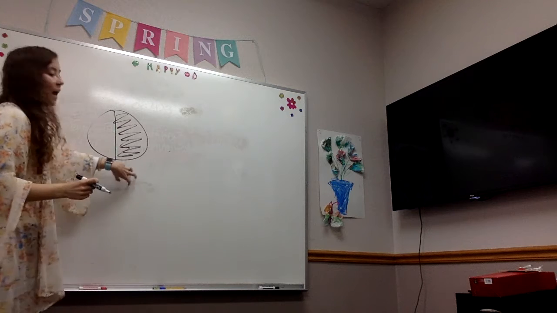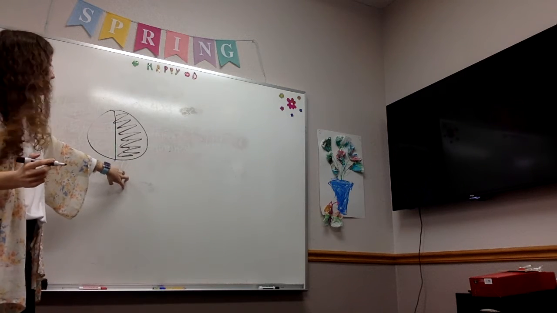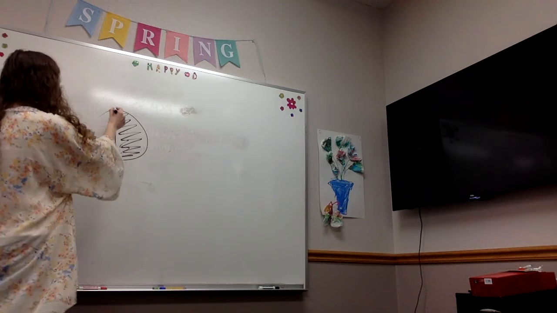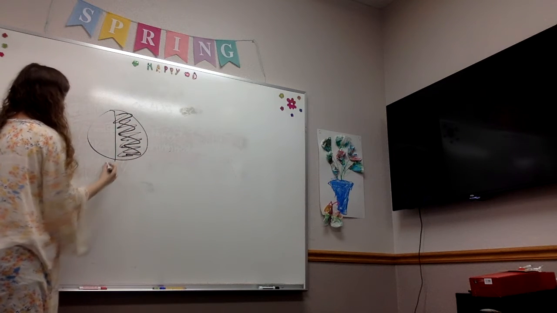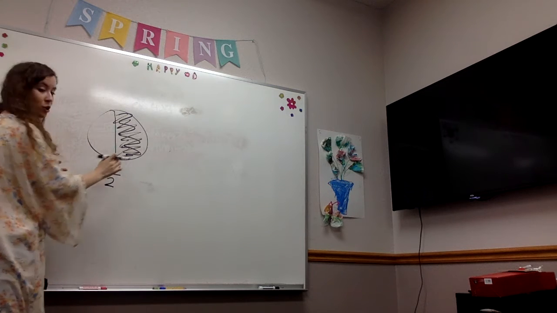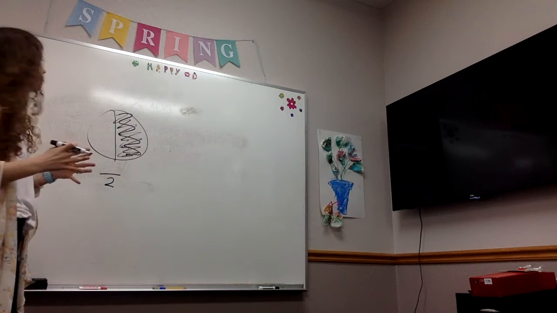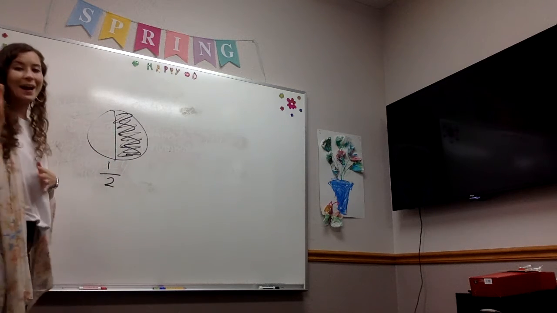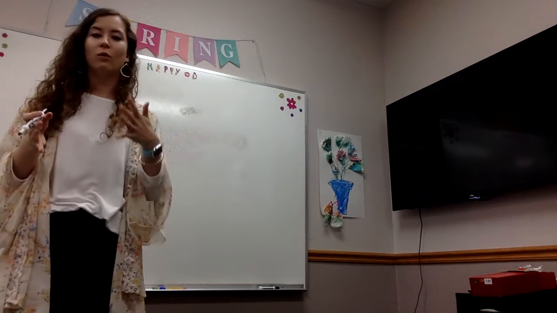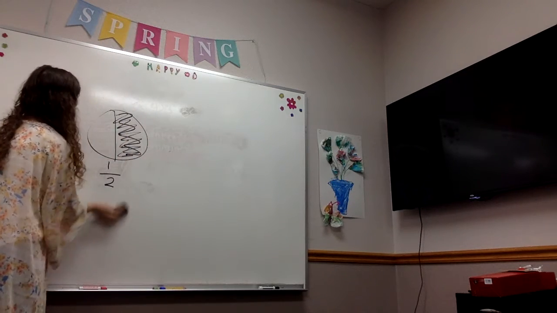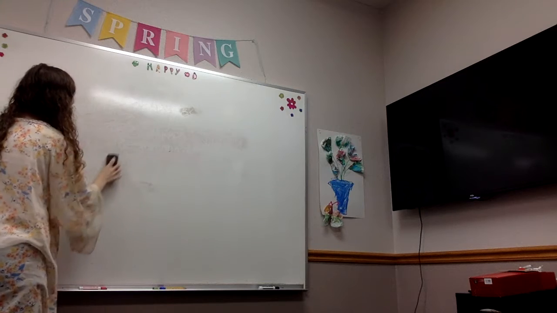So if I eat half of my pizza, I want to know how much I have left. So if I know this half is gone, and I know my denominator is 2 because I have 2 equal pieces, and I have 1 left over, that means that if I eat half of my pizza, I will have 1/2 left.